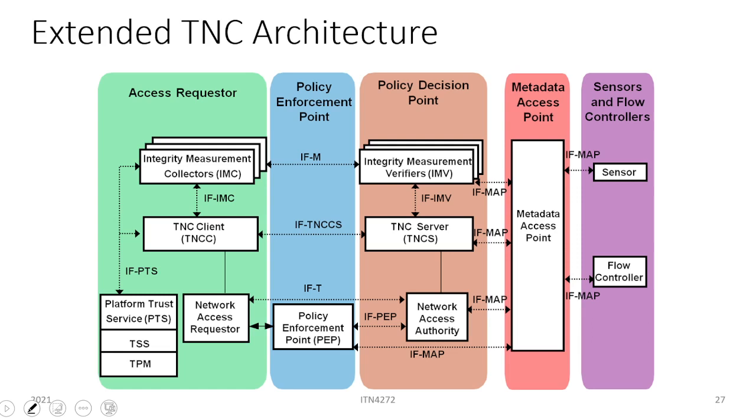We can use these metadata access points and sensors and flow controllers to determine how the network is being utilized, how a particular device attached to the network is using the network, how they are utilizing the connectivity, what they are doing with the connectivity. And with continuous monitoring, we can get a better understanding of the usage of a particular participant in the network.